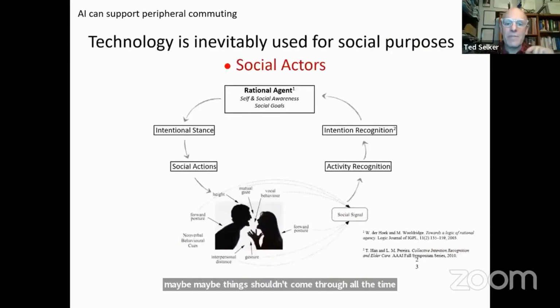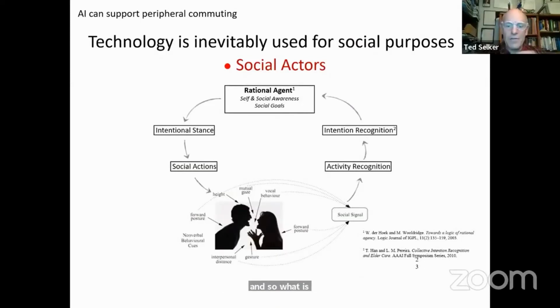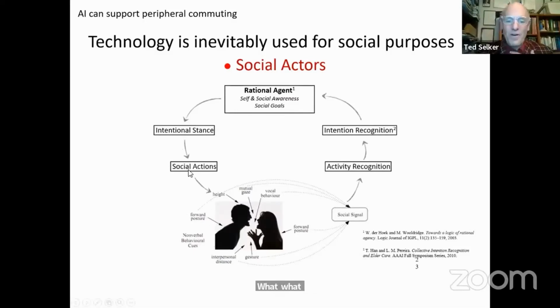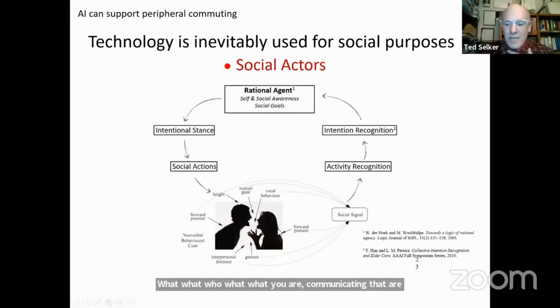And so what is this business of social actors? The idea is that when you're communicating, there are a lot of things that communicate separate from the text you're giving, or the language you're using.